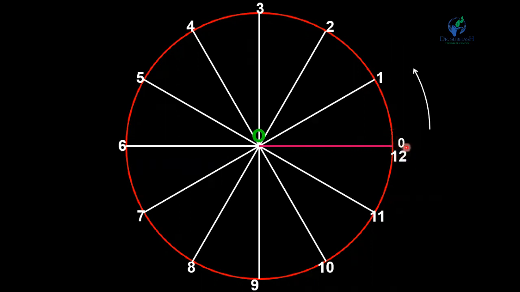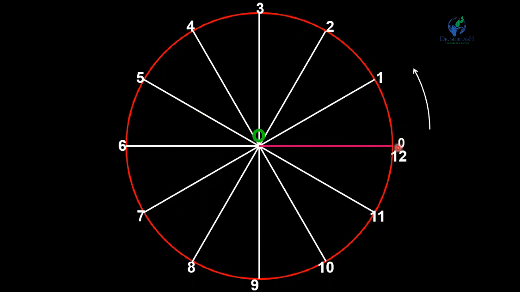Initially point P is here, and during the one complete convolution, the point will reach the center, the pole, and this distance is 60 mm.